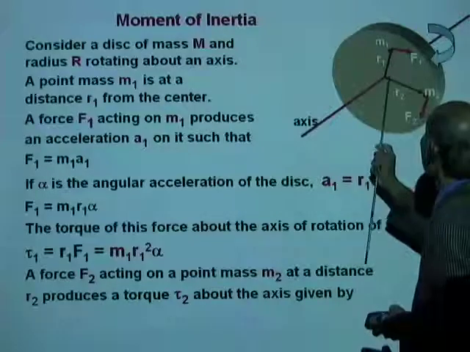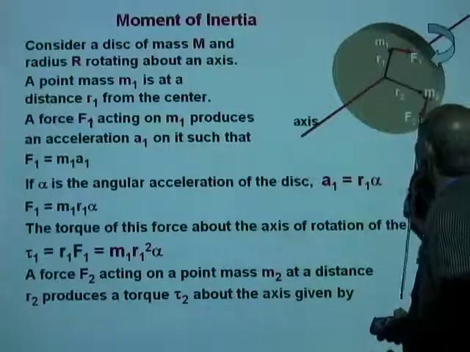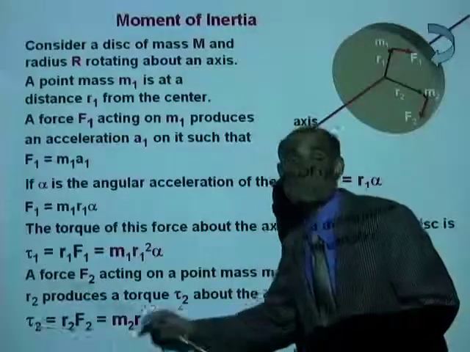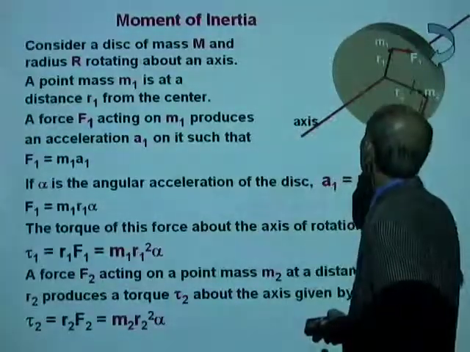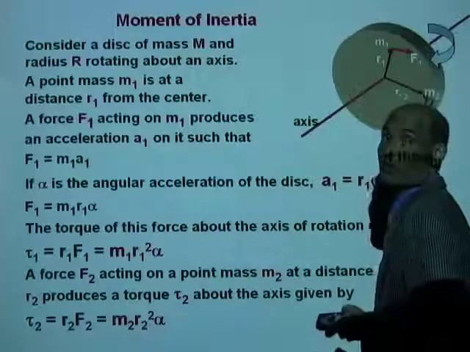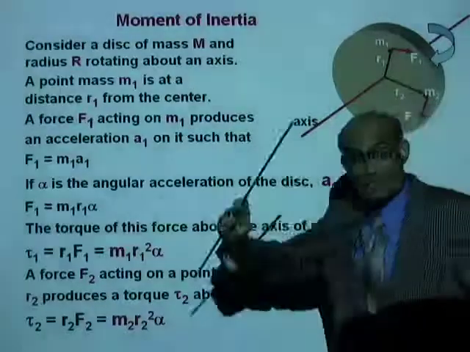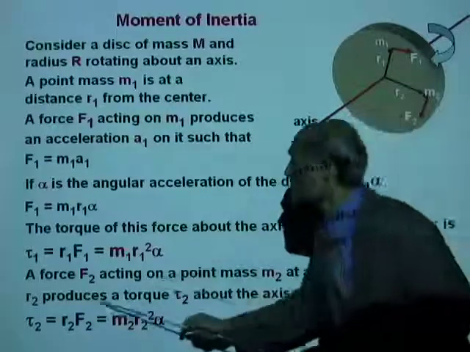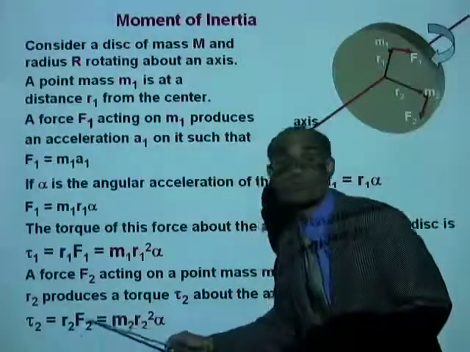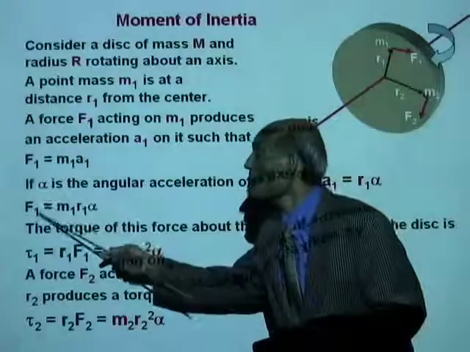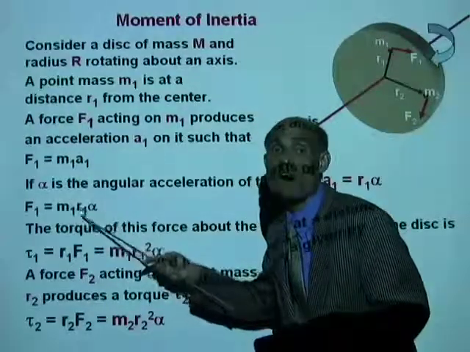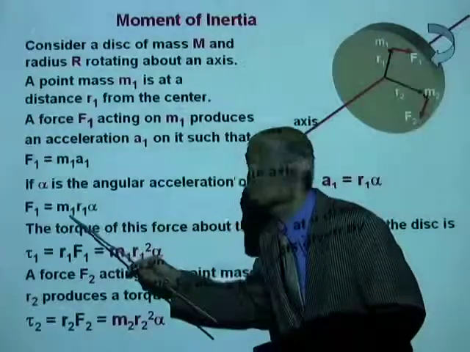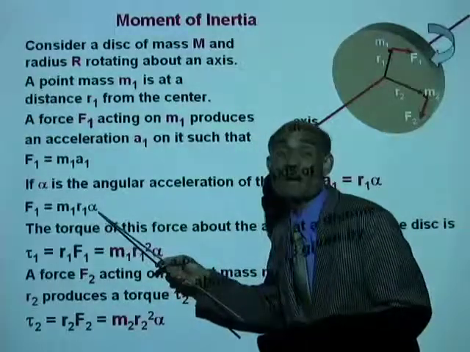It will be r2 multiplied by F2. Is that right? Tau 2, the torque on this particle, will be r2 times F2. And what is F2 equal to? If F1 equal to m1 r1 alpha, then F2 will be m2 r2 alpha.